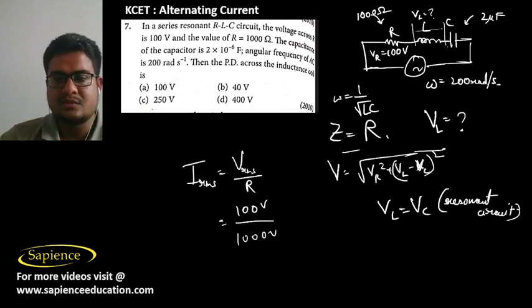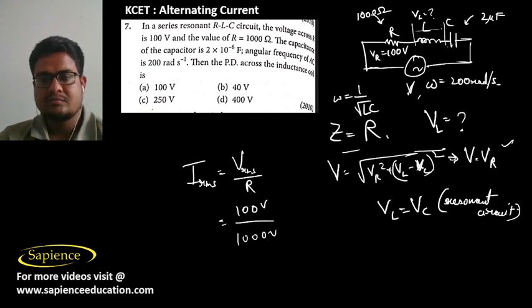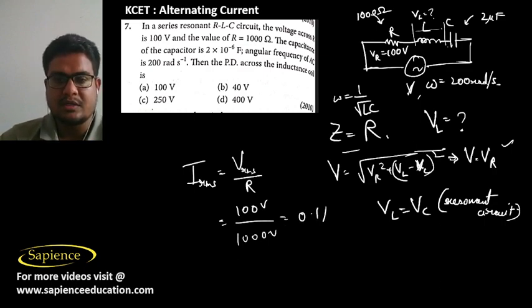Since VL is equal to VC, the net input voltage is also equal to VR. This will be 0.1 ampere.